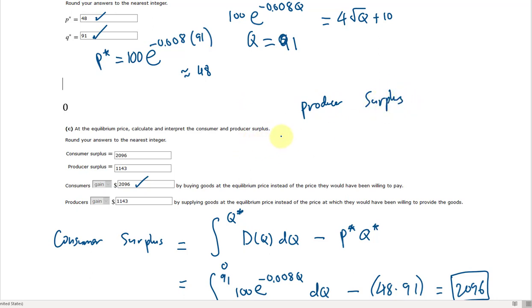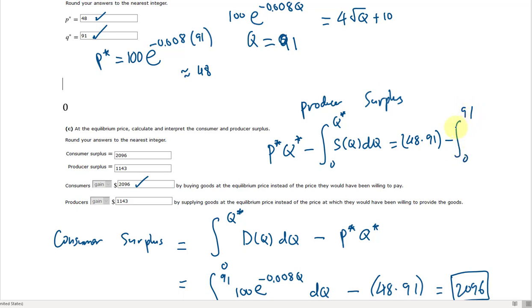We know that the equation for producer surplus is P star Q star minus the integral from 0 to Q star, the producer goes with the supply curve, dq. So P star Q star, we know that's 48 times 91, minus the integral from 0 to 91 for Q star.